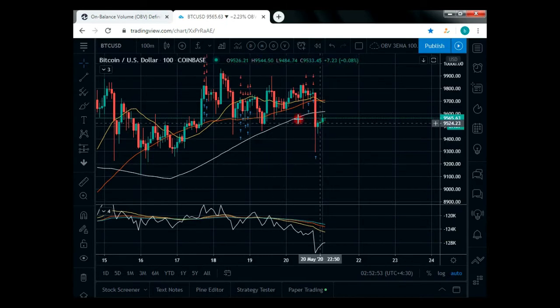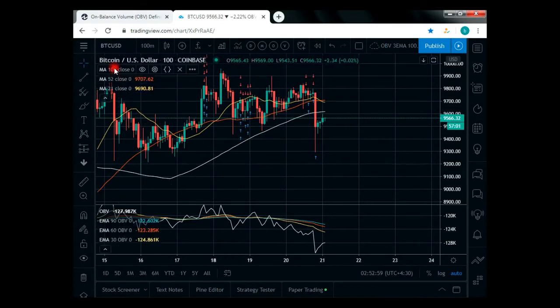Okay, let's take a look at what happens right here. As you can see, I have 3 simple moving averages, as I said in the first video: the 21-period simple moving average, the 52-period simple moving average, and the 100-period simple moving average.